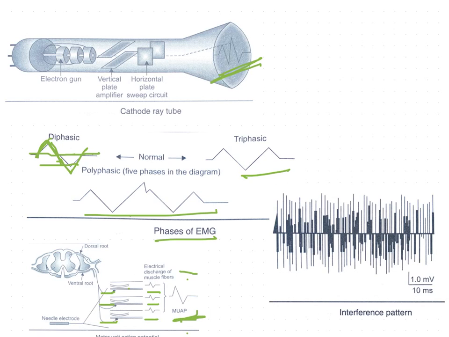These discharges are initially negative in deflection and of higher frequency than fibrillation potentials. Small negative deflections due to end plate potentials may also be seen occasionally. So this is the normal waveform.